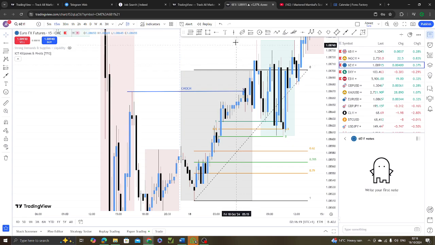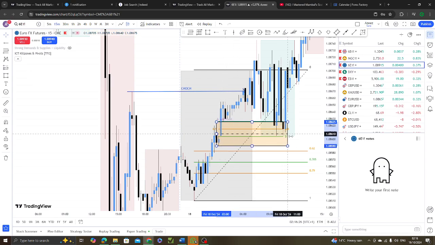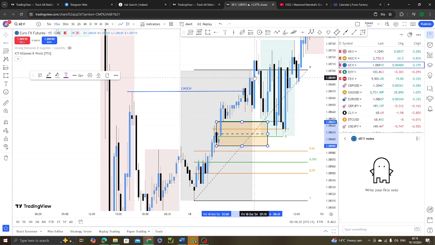Okay. So this will be my supply that I need the market to come back in. So now I know this continues this way, goes up here, and then now 8 o'clock, London session has started. 8 o'clock now is coming back down.